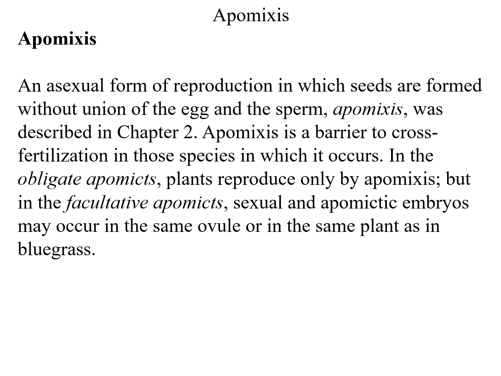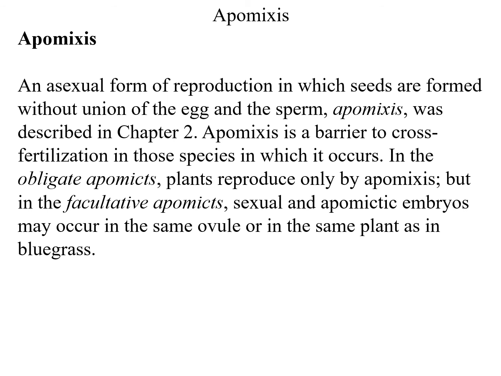Some of the plant species are called obligate apomictic, which means that they do not produce any seed except by apomictic seeds. In this case, how do we do recombination and introduce new genes? This is one of the problems.